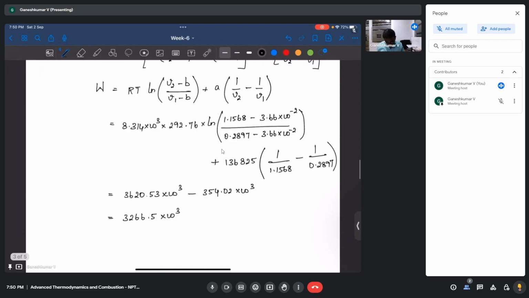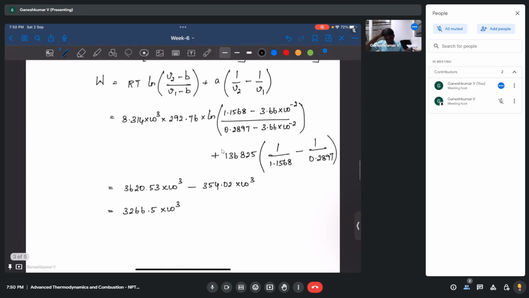Now what is the unit? Both of these units are going to remain the same, right? Yes, it's power 4 by kilomole, 1 divided by V, which is going to be meter cube per kilomole. So kilomole.